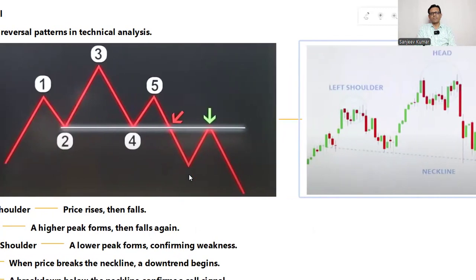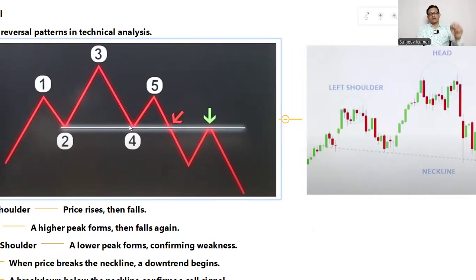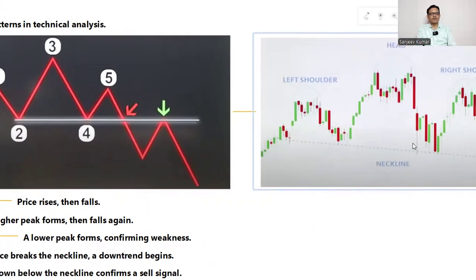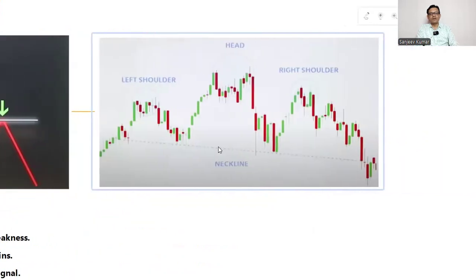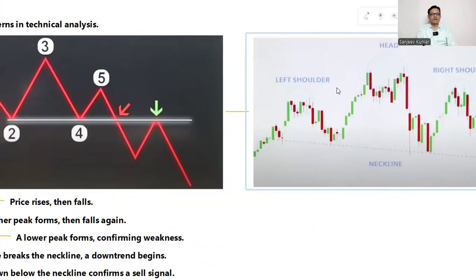One more thing, here you can see that this point and this point are at the same level, but it is not necessary. Sometimes they are not at the same level. Here also you can see this point is here and this point is below it. So you can draw the neckline from this point to this point. This is the neckline. I hope this is clear.